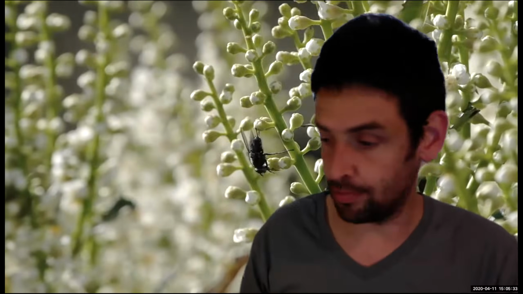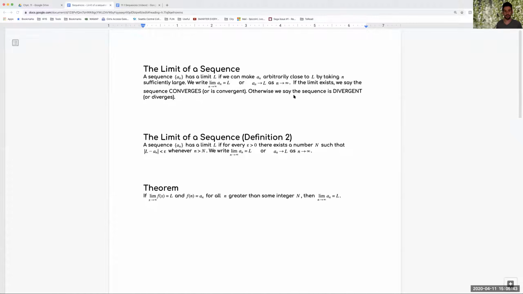So I want to continue talking about, we're still in 11.1, introducing sequences. The last big idea we had was the idea of a limit, and then we had this first theorem, which is a pretty big one for us. This theorem says that if the limit as x goes to infinity of f of x is equal to L, and that function is the same as our sequence for all integers n greater than some integer, then the limit of the sequence is the same as the limit of the function.